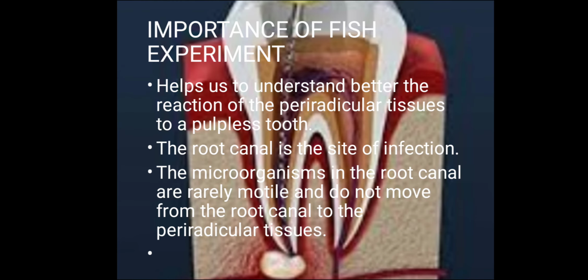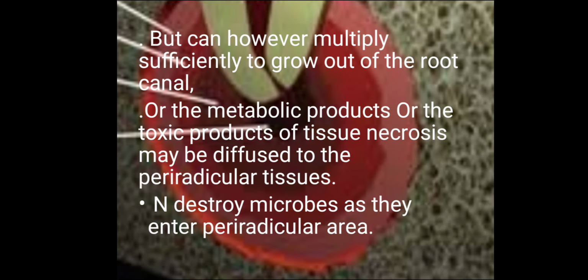What is the importance of Fish's experiment? This experiment helps us to understand the reaction of the periradicular tissue to a pulpless tooth. Also, we get to know that the root canal is the site of infection and microorganisms in the root canal are rarely motile and do not move from the root canal to the periradicular tissue.